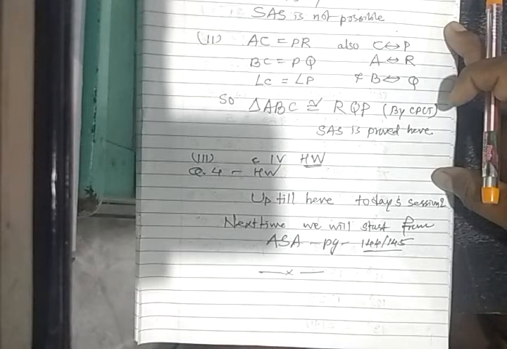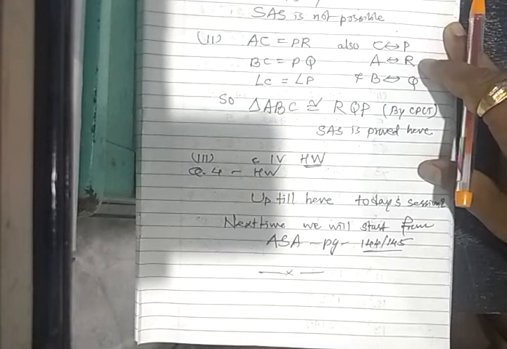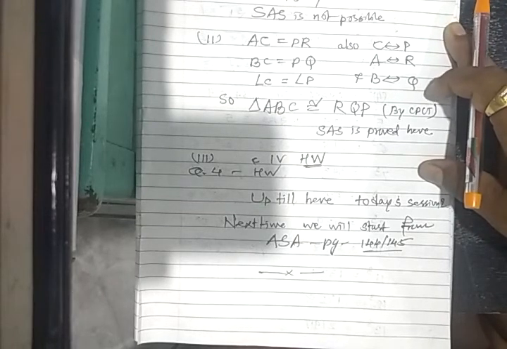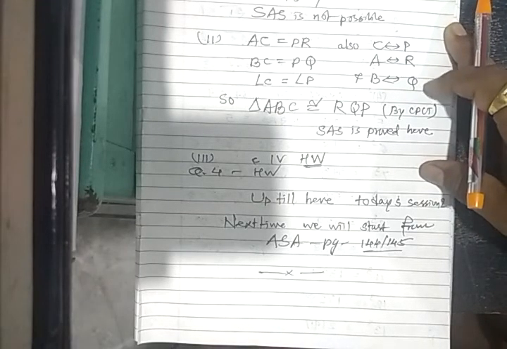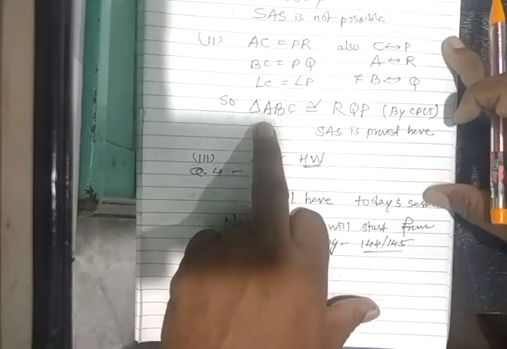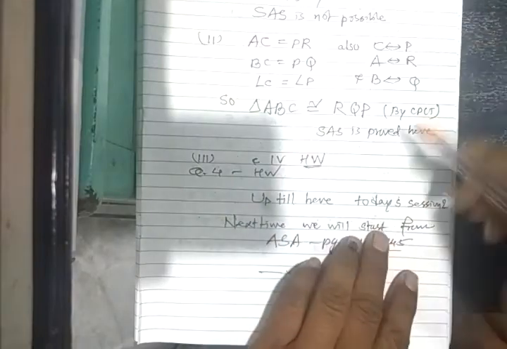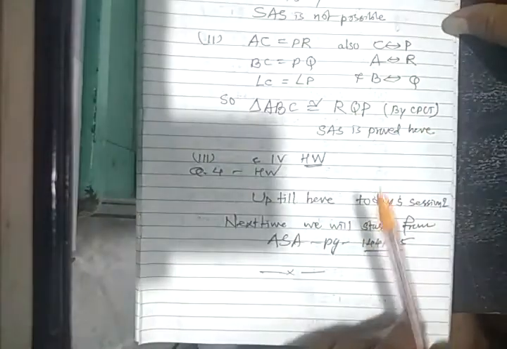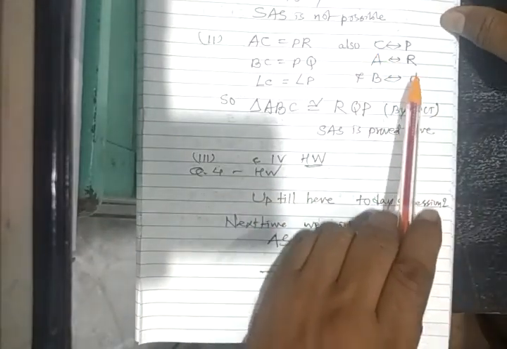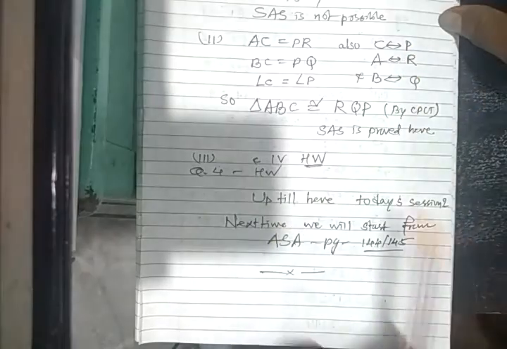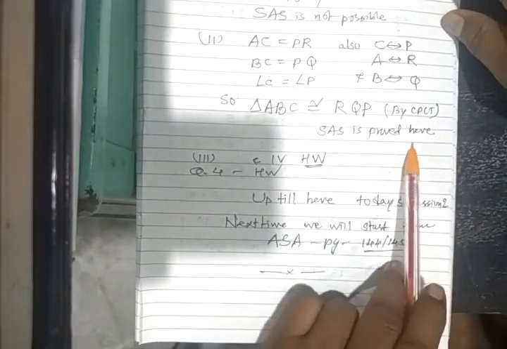So A corresponds to what? A corresponds to R and C corresponds to P. So A corresponds to R मिल गया और बाकी क्या रहा? B corresponds to Q. So here which correspondence can we prepare? Triangle ABC. तो क्या बन गया? ABC में ABC तो क्या बनता है? RQP. By simplicity SAS is proved.